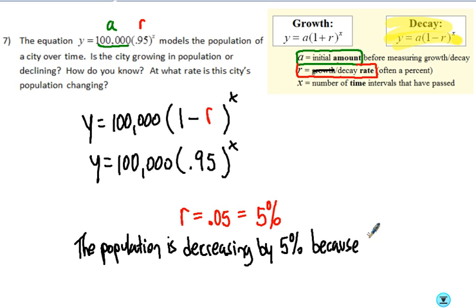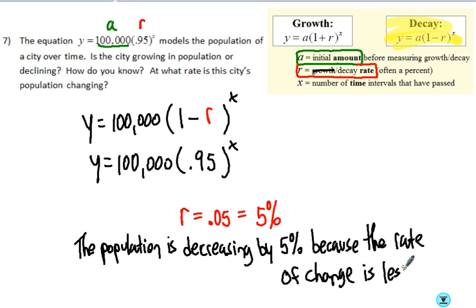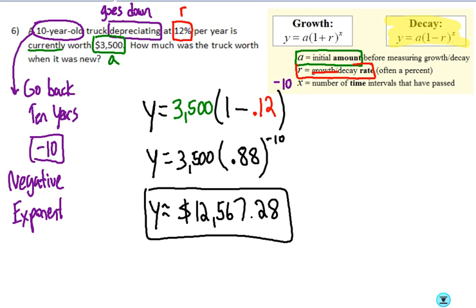Because the rate of change, or we could say the decay factor, is less than 1. And we've already said that. If you go back to that previous problem, we were talking about the fact that the truck was decreasing in value, so that's why this number ended up being less than 1.